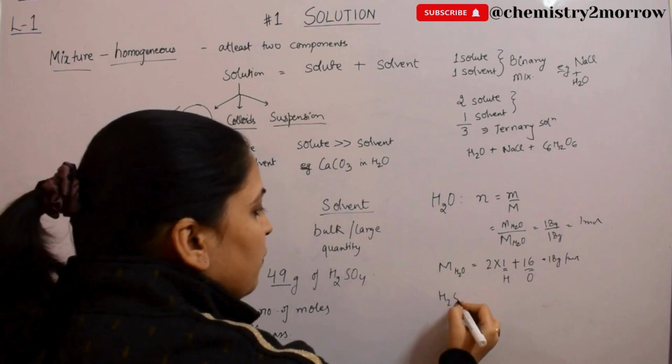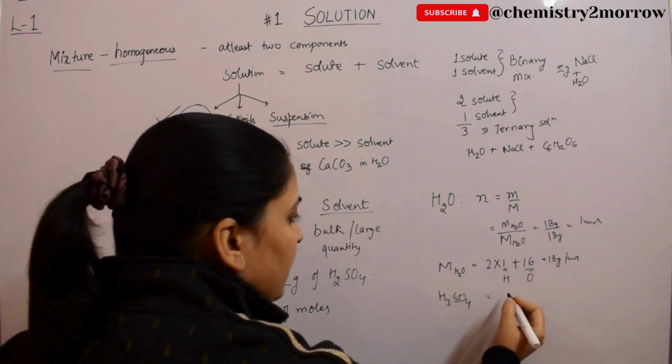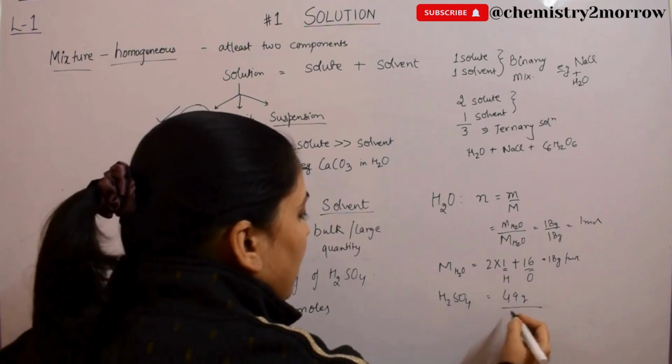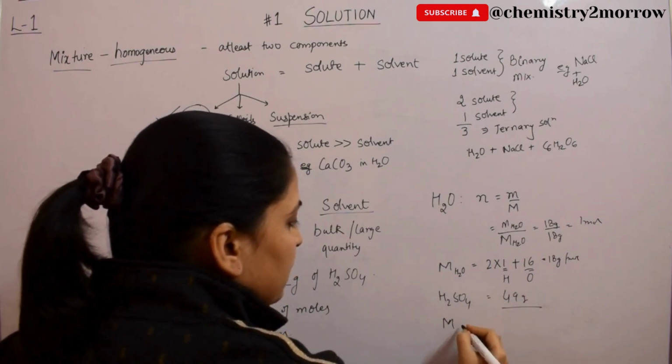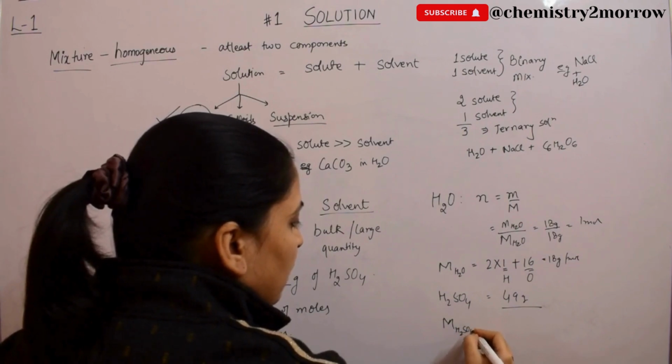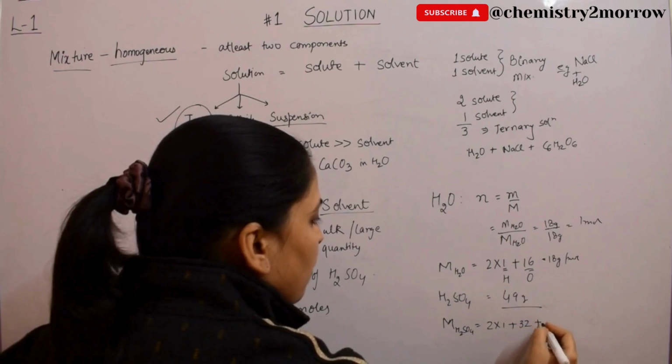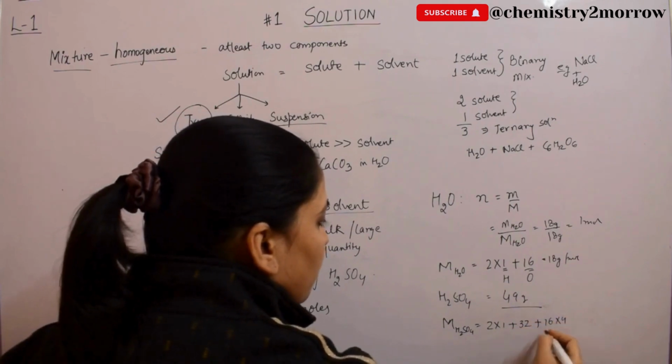Similarly, in case of sulfuric acid, the mass of sulfuric acid given is 49 grams and molar mass of sulfuric acid will be 2 hydrogen, sulfur is 32, oxygen is 16 into 4.